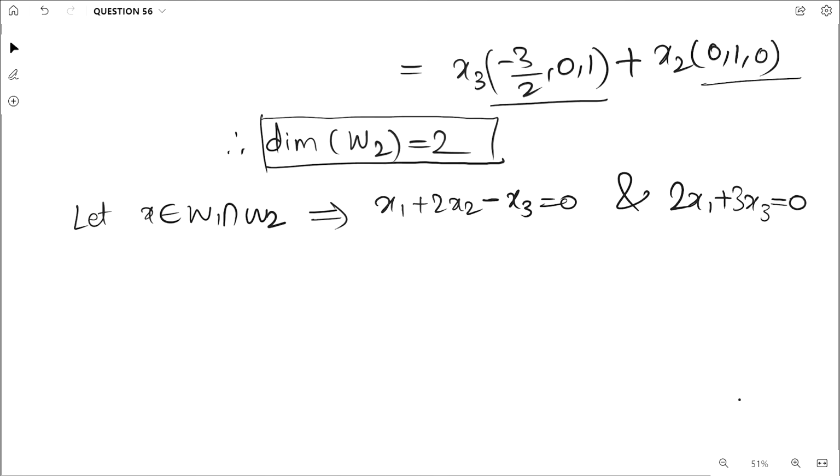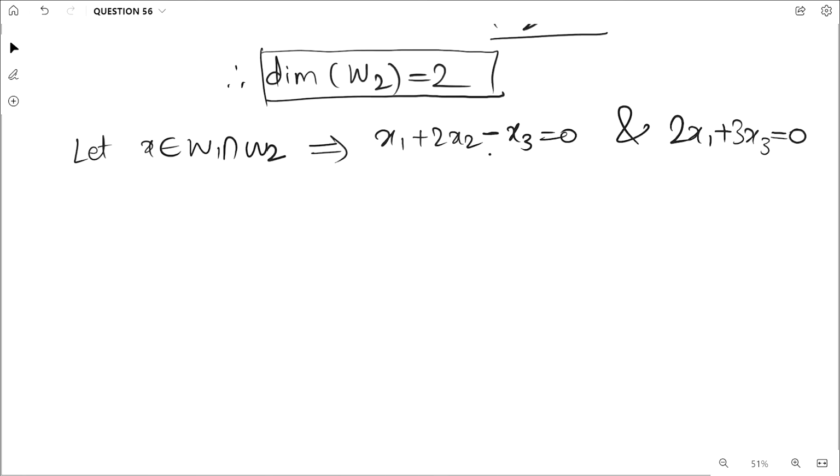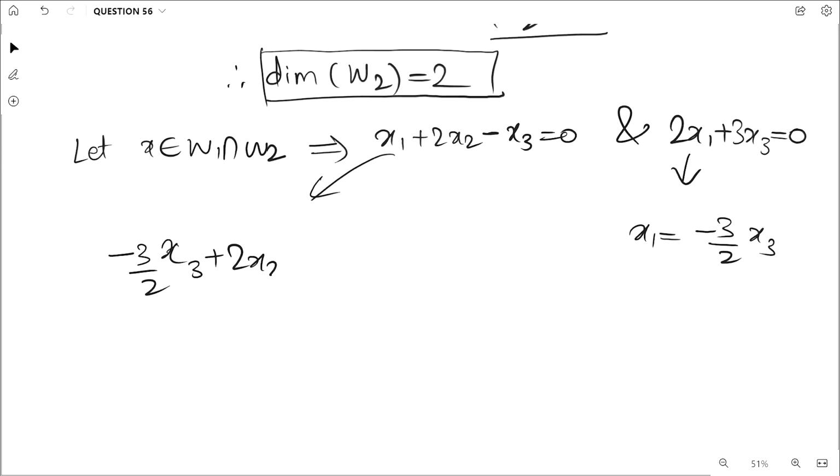So from these two equations, we have to find the dimension of W1 intersection W2. From the second, we can write x1 is equal to minus 3 by 2 x3. So put the value of x1 in the first equation, we get minus 3 by 2 x3 plus twice x2 minus x3 is equal to 0.